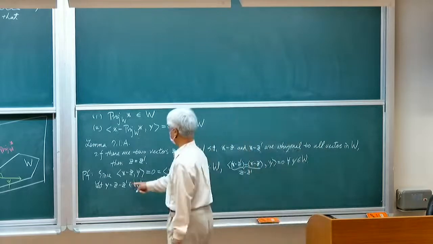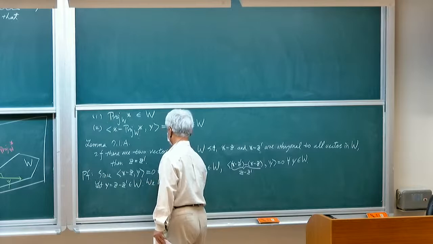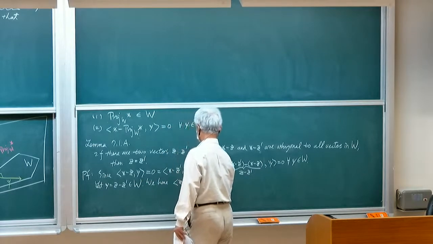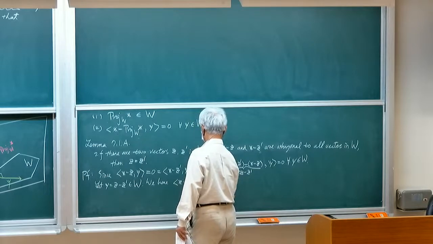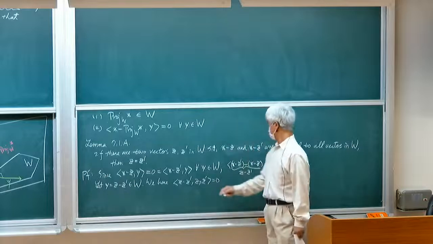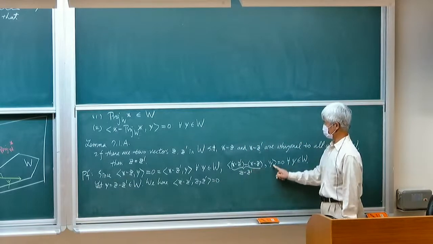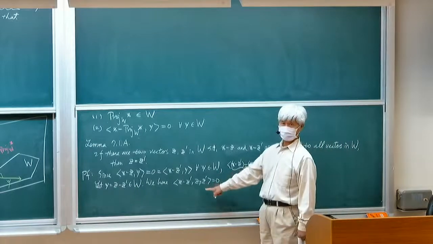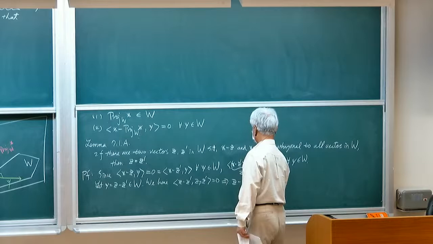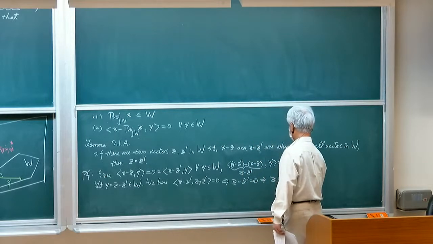So if we let y be Z minus Z prime, then this is 0. This implies that Z minus Z prime is the zero vector, so Z is equal to Z prime.